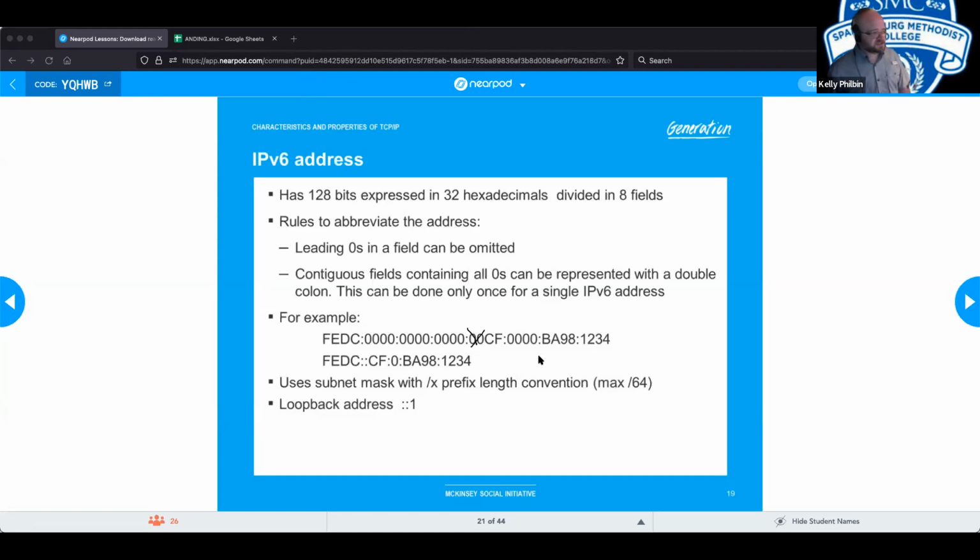If it was just a single zero, I can eliminate it. If it was like 01CF, I could eliminate that first 0 and just write 1CF, because it is assumed every character missing before that would be a 0. Not for zeros after or in between, only leading zeros.